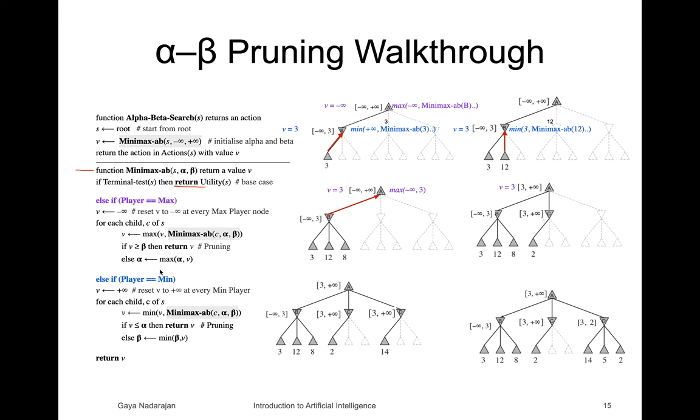And now it has to go to its next child. So now we're back up to max, and it's going to call this function again, and it's going to now call max of v, which is now 3, and the minimax AB of C. So it's going to repeat what it did to this B node, but with C. So alpha and beta get passed down, 3 and plus infinity.